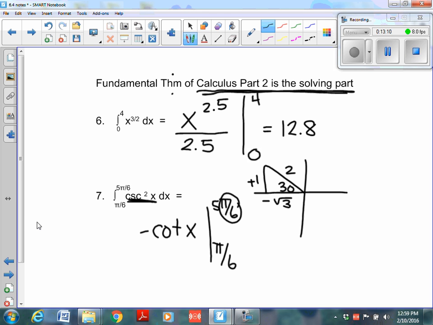It's not opposite over adjacent, it's adjacent over opposite, and you got a negative inside, so it's going to be a positive square root of 3 minus the lower one, which is in this quadrant, minus the square root of 3 minus a negative square root of 3 because of that negative sign, right, which makes 2 square root of 3s.